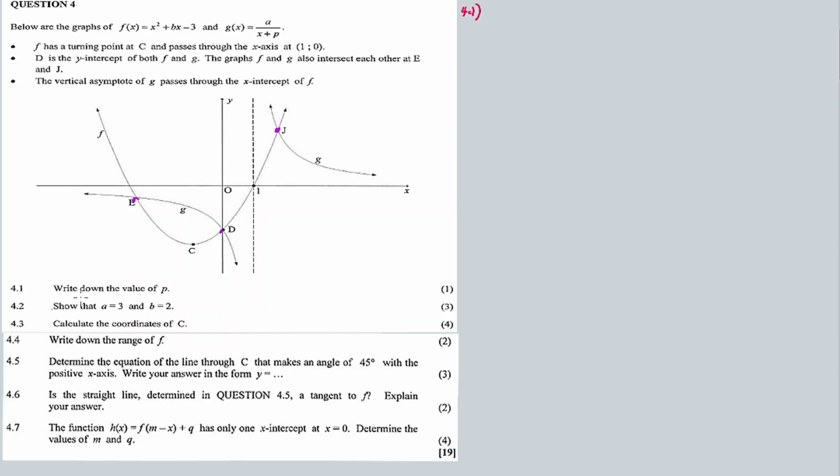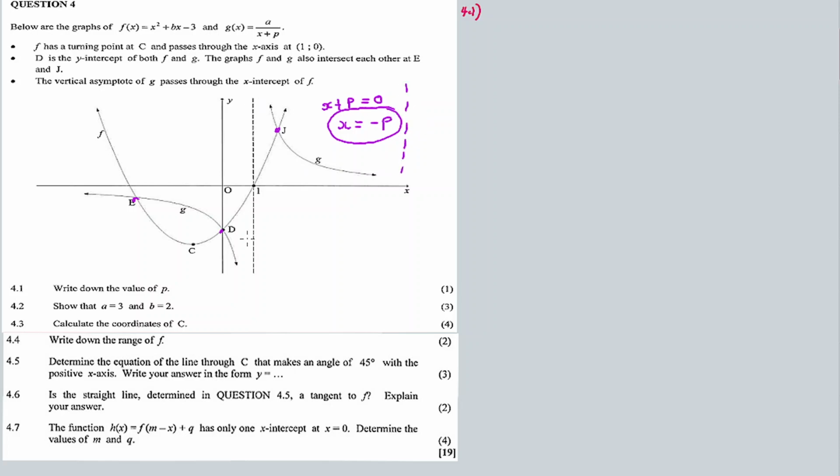4.1: write down the value of p. The value of p is in fact the vertical asymptote of the hyperbola. The p associates with x plus p equal to 0, then you solve for x, it's minus p, which gives you the vertical asymptote.